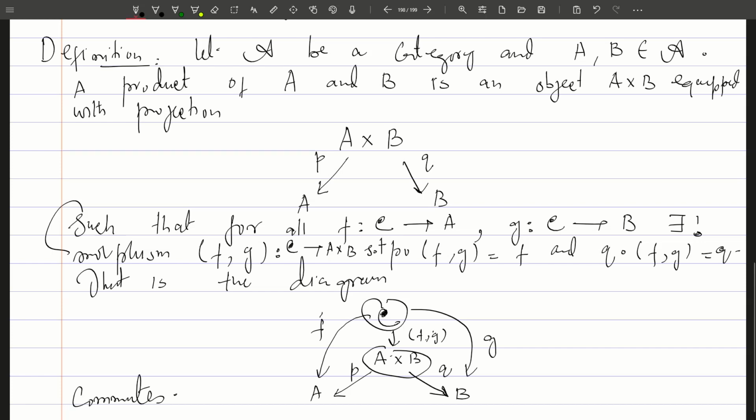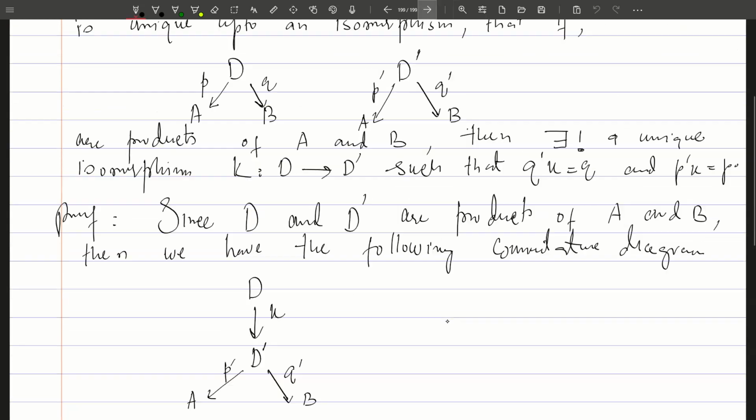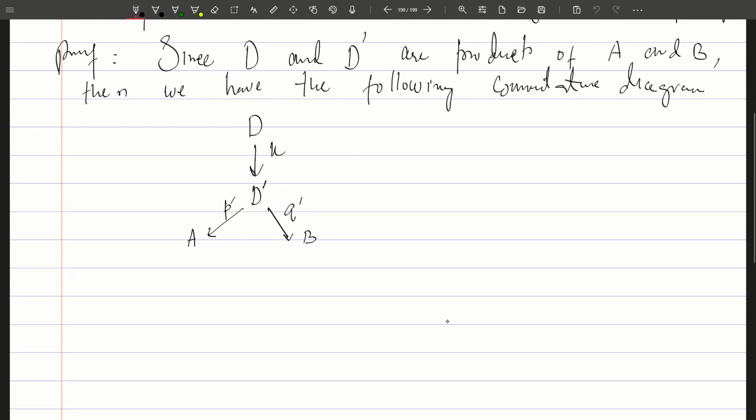Now we are given, from C to A and C to B, the maps F and G. So in place of C, we take D and we assume D prime is a product. So from D to A, we are given the morphism P, and from D to B, we have the map Q.